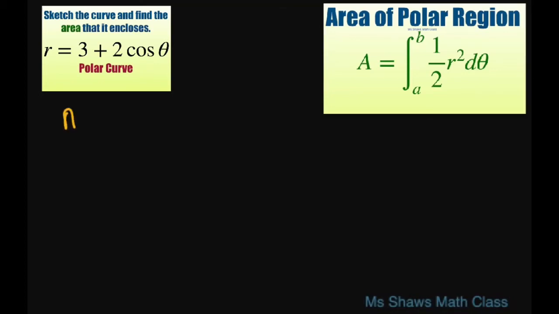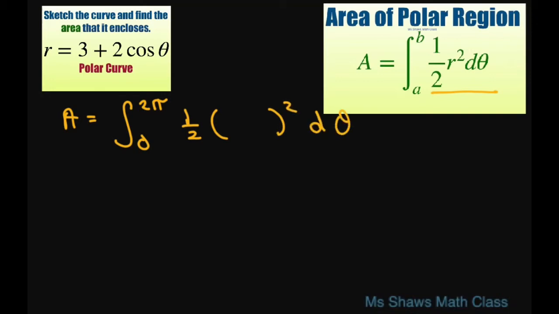Our area is going to equal the integral from 0 to 2 pi, and then we just use our formula, 1/2 times r squared d theta. Now r is 3 plus 2 cosine of theta.